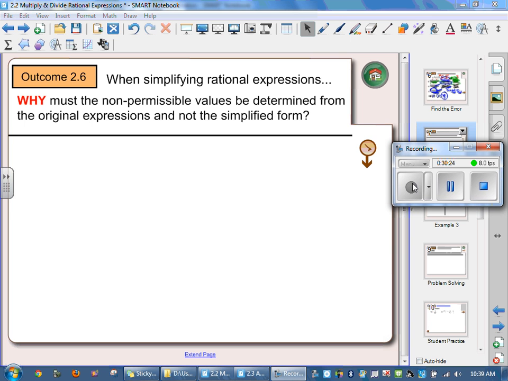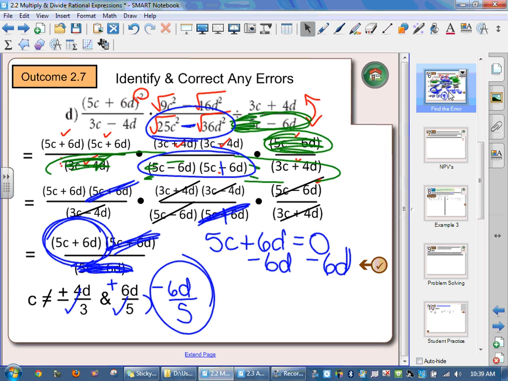No. So if we actually found our non-permissibles from our answer, there would be none. There'd be none because there's no denominator left, and there's no variables in a denominator. But there are non-permissibles. Non-permissibles are from the first factored form. So if we do it the other way, we get no non-permissibles, which is totally incorrect. So this is what we have to write down.